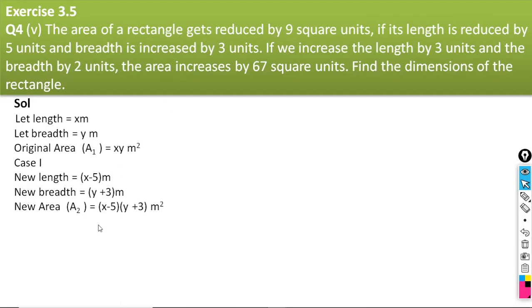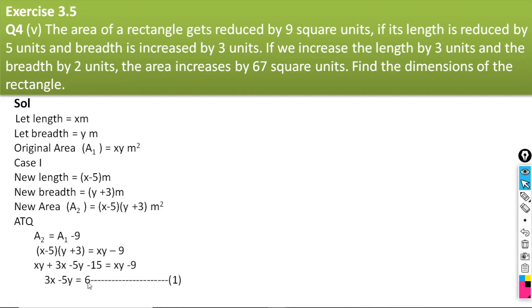It means a2 is less than a1 by 9, so a2 is equal to a1 minus 9. We substitute the values for a2 and a1, and by solving the equation we get 3x minus 5y is equal to 6.